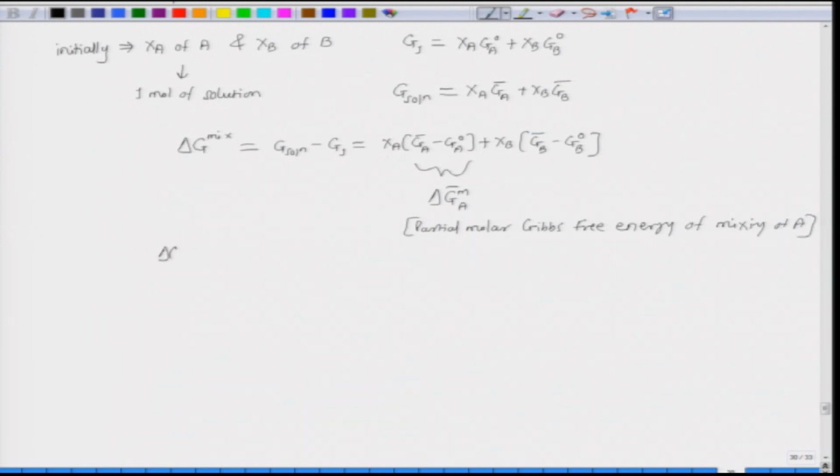So, we can write delta G mix as xA delta GM A bar plus xB delta GM B bar. Now, we need to evaluate delta GM A bar and delta GM B bar. So, let us see what happens to the individual species from the pure state to form a solution, right.